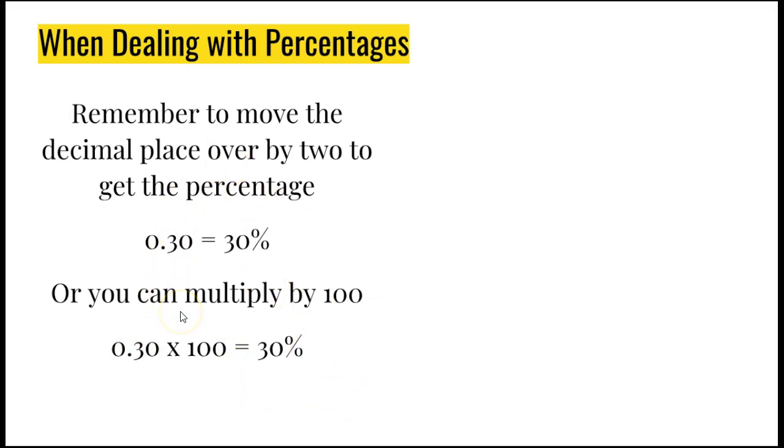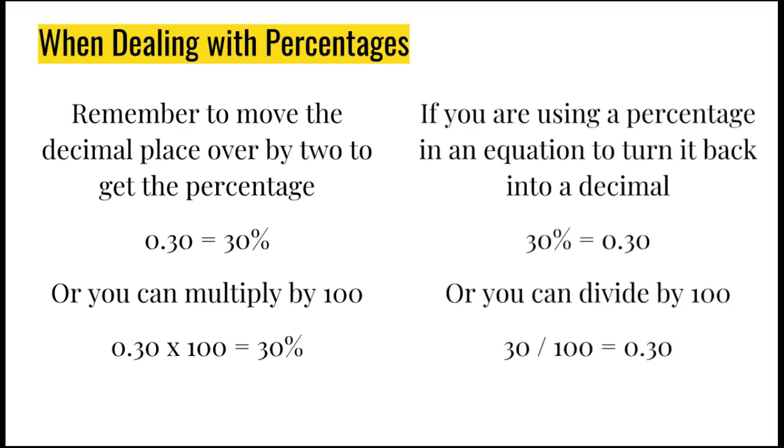Both ways work, but now we're going to use a percentage in an equation. And for that, you want to turn it back into a decimal. So if you see that you are at 30%, you need to move that decimal place back over, or you can just divide by 100 if you're unsure, and it will give you the same results.